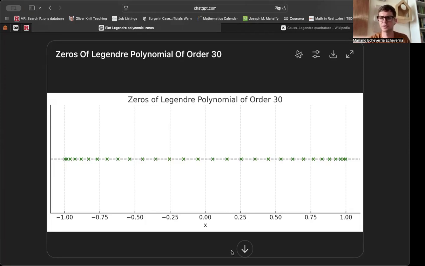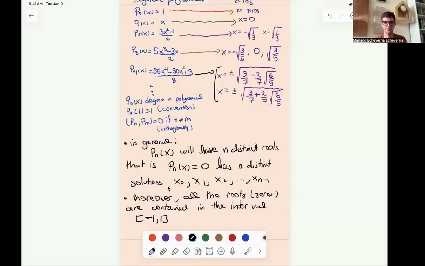So let me write down those two other things because, again for more advanced reasons, they are nice properties to have for approximations with polynomials. Let me see if I can write that down.